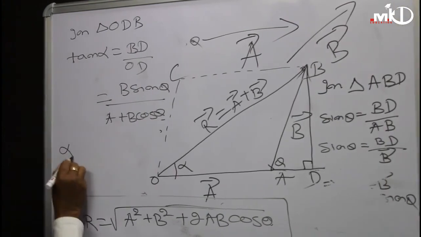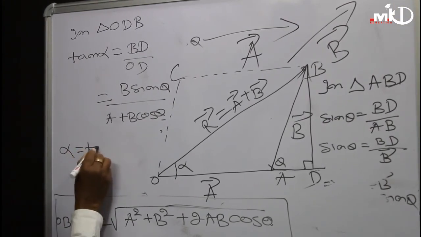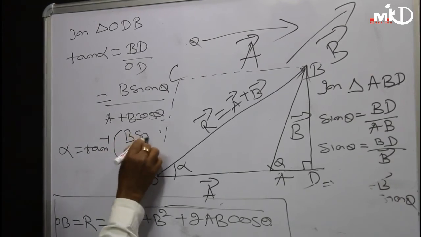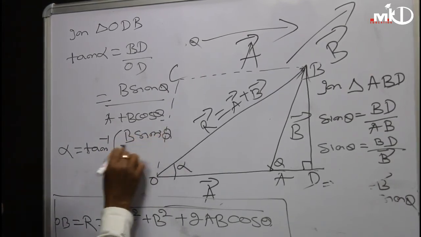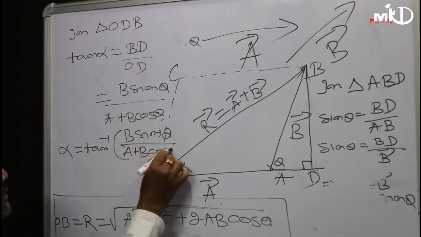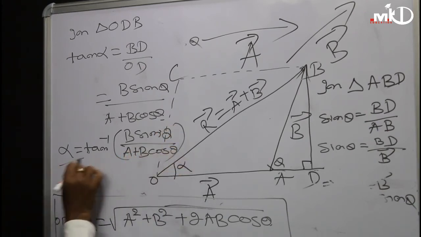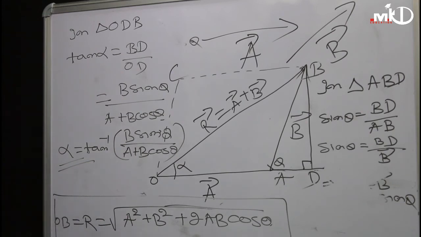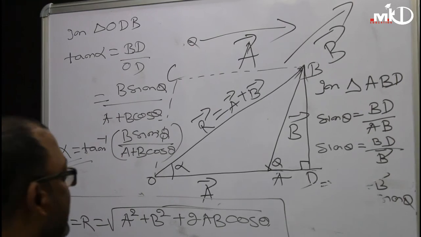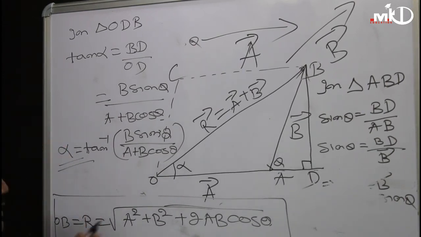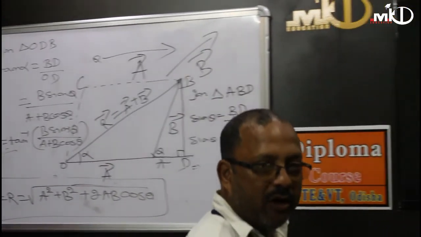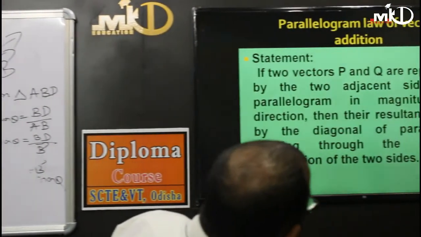Therefore, alpha is equal to tan inverse of B sin theta by A plus B cos theta. In this way, you can find the direction of the resultant. So this is the mathematical or analytical derivation of the resultant of two vectors according to the parallelogram law of vector addition.